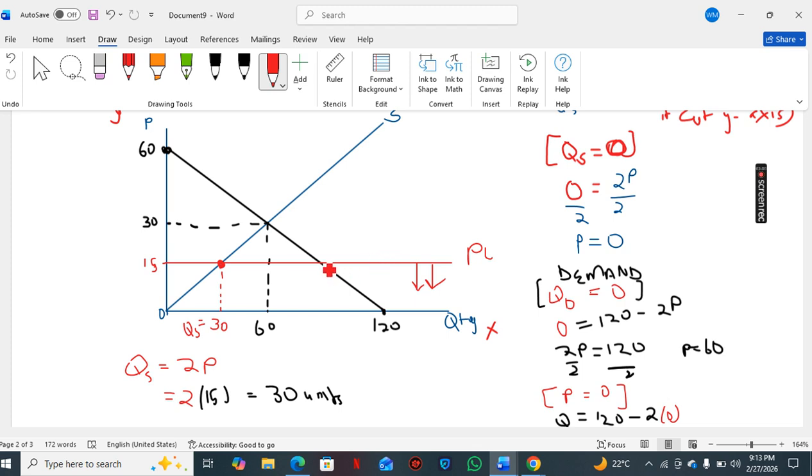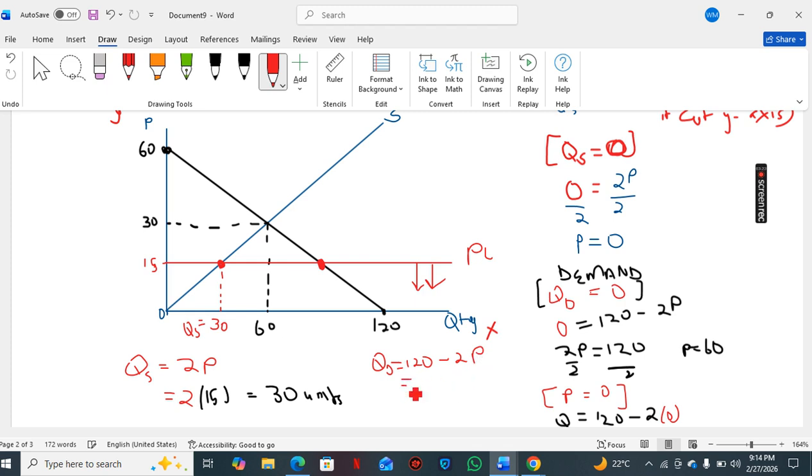Where the price ceiling cuts the demand function, we are going to substitute 15 for P in the demand function. Remember the demand function was QD equals 120 minus 2P.